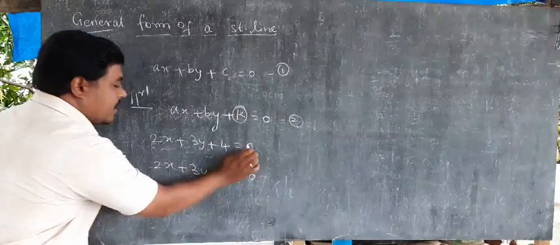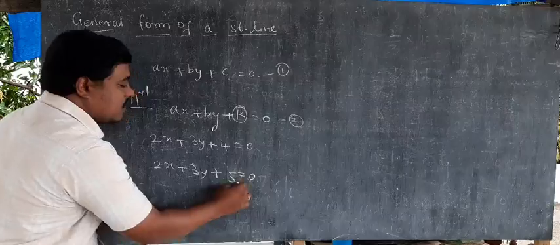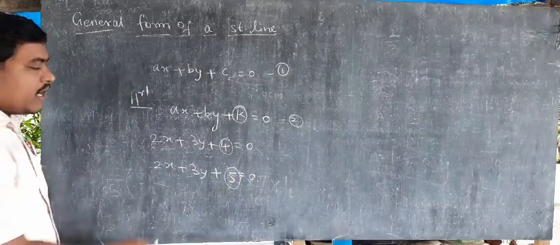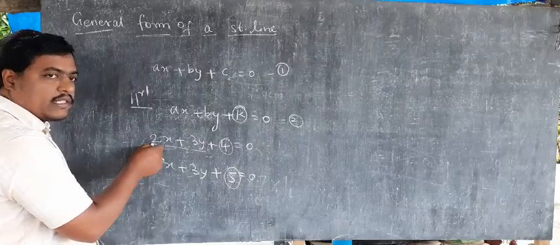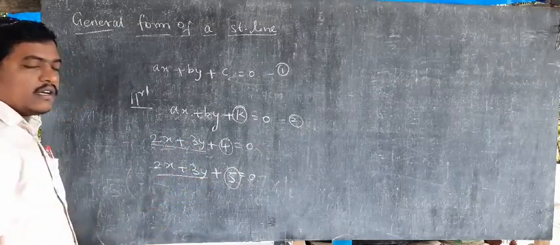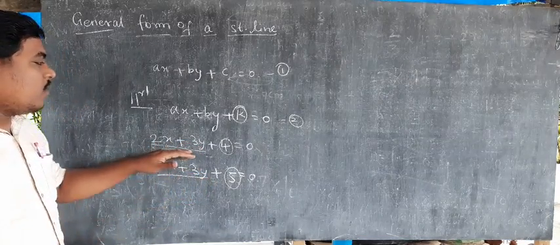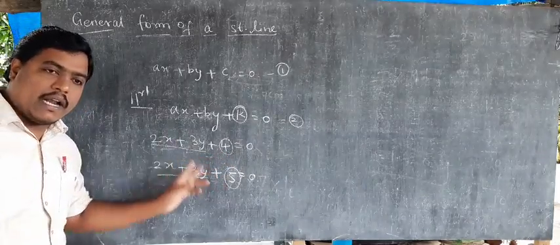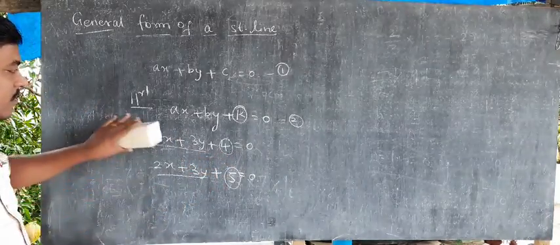Some constant will be changed. For k, I write 5. Here 4, here 5. The remaining terms have no change, 2x plus 3y, 2x plus 3y. Only the constant term is changed, so the lines are always parallel by the condition.